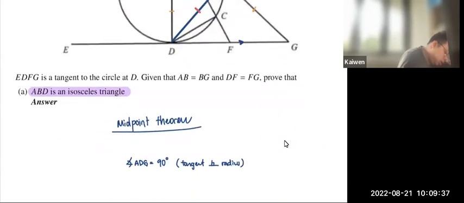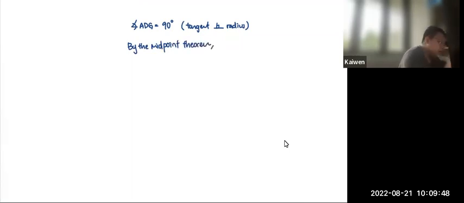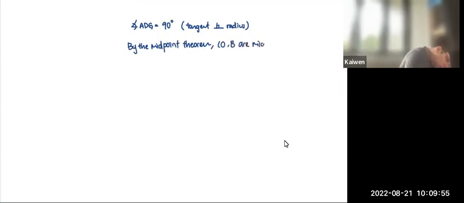So we can just state now by the midpoint theorem. It is good to also tell people that O and B are midpoints. So it's very clear where you claim your midpoint theorem from so that you don't mess it up.